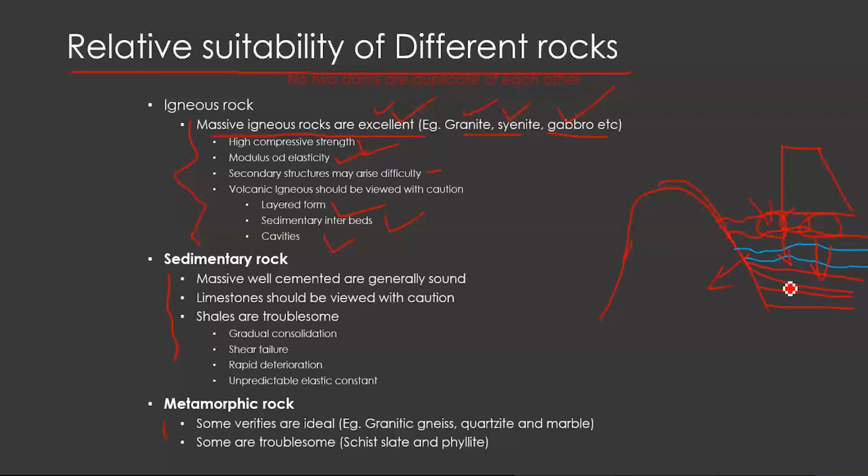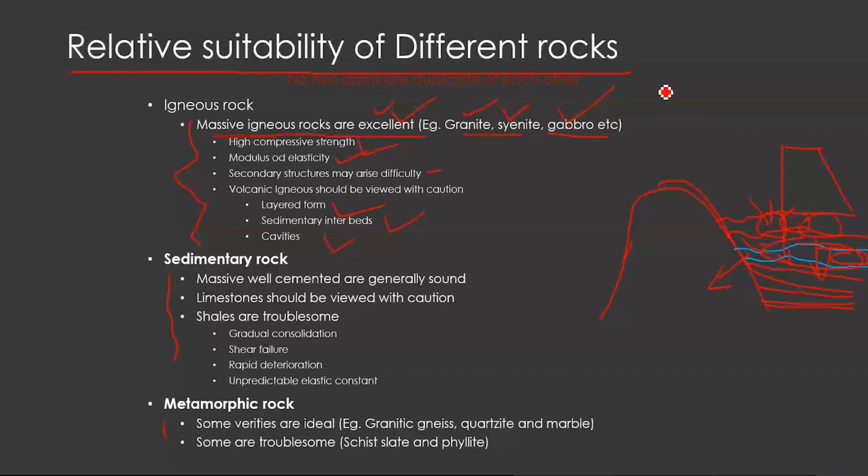Intervolcanic sedimentary layers are common, so this needs to be looked into when the surface is characterized by volcanic igneous rock. I'm not talking about any other igneous rocks. Specifically in volcanic igneous rocks, this sheet nature and the presence of sedimentary layers in between also need to be taken into consideration.